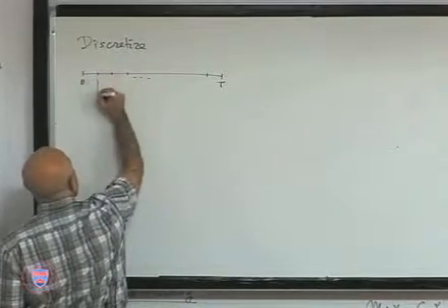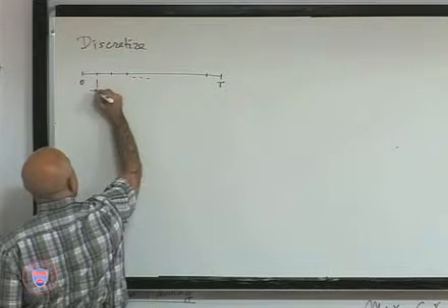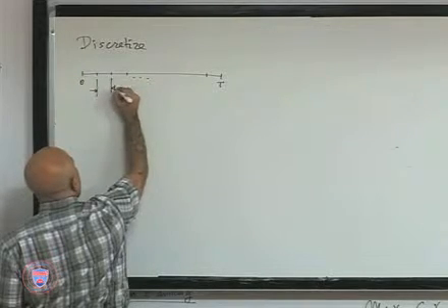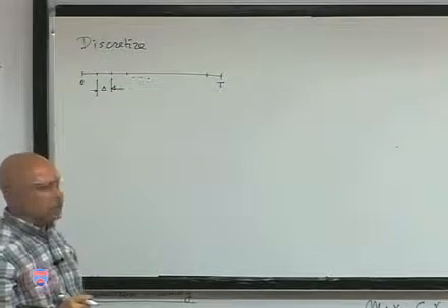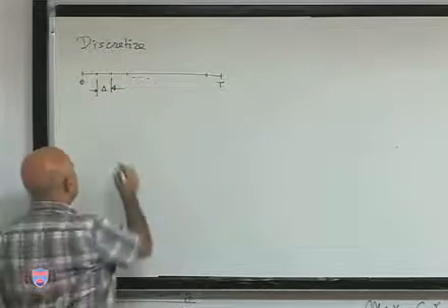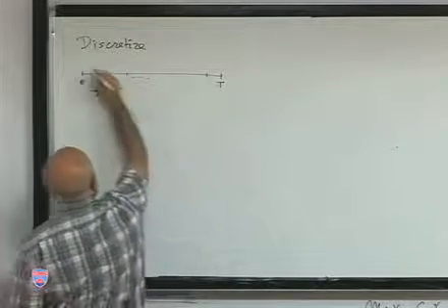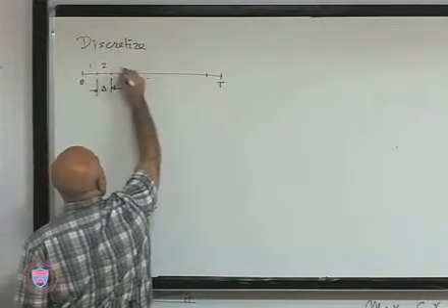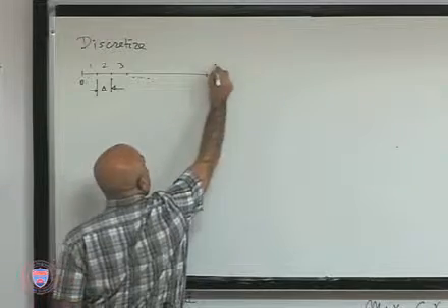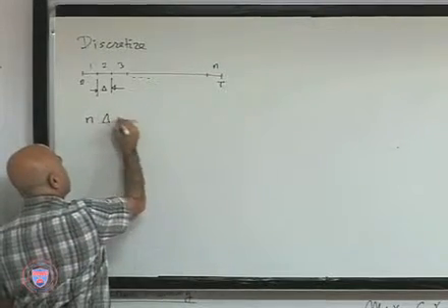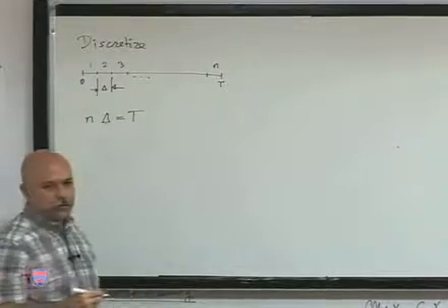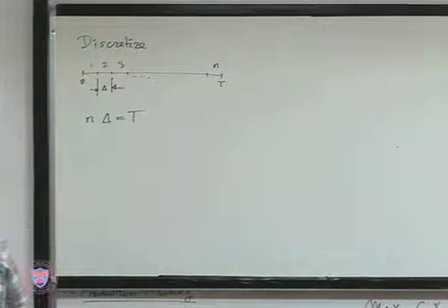Each one has a length of delta. So the length of one particular period is delta. So let's assume we have period 1, period 2, 3, and so on. Let's assume this is the nth period, with n times delta being equal to capital T, okay?